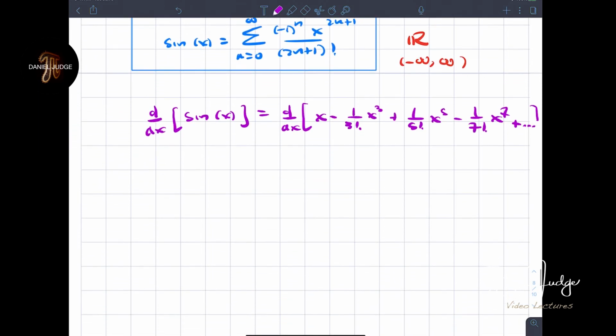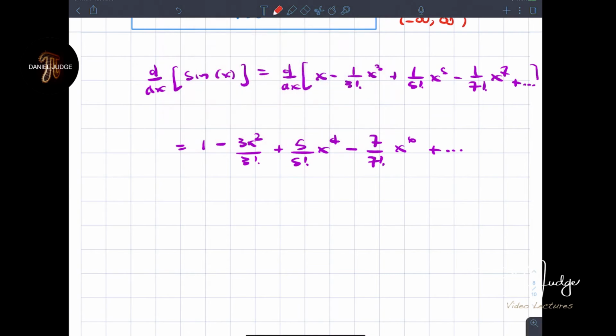Okay, we're going to differentiate this. So that's going to be 1 minus 3x squared over 3 factorial plus 5 over 5 factorial x to the 4th minus 1 over 7 factorial, and there's a 7 there. We're going to differentiate, and that's x to the 6th power, and that pattern continues forever.